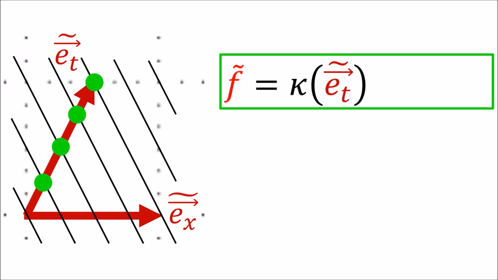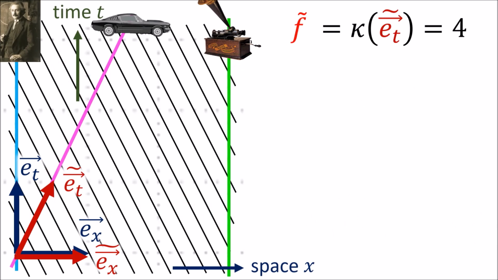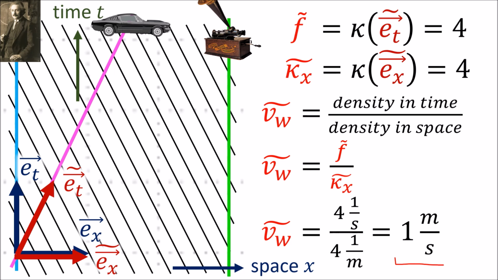So the wave's density in time, or its frequency, is 4, according to the car. And the car's space basis vector also pierces 4 stacks. So the wave's density in space, or wave number, is 4. The wave's speed, according to the car, is frequency over wave number, which is 4 divided by 4, or 1 meter per second.